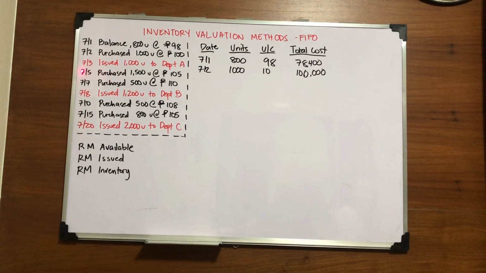Okay, so since in July 3 we have a transaction relating to issuance, what we will do is use the 1,000 units using the earliest cost possible. Okay? So you might be wondering here, sir, why is it that I have an issuance of 1,000 units?